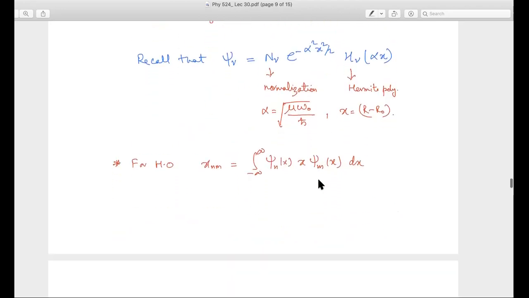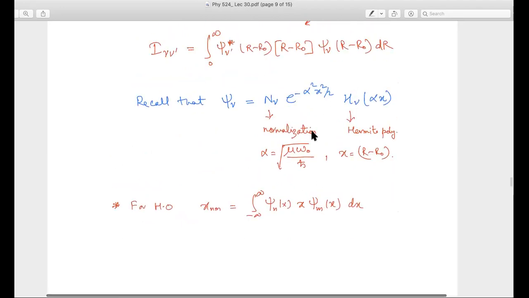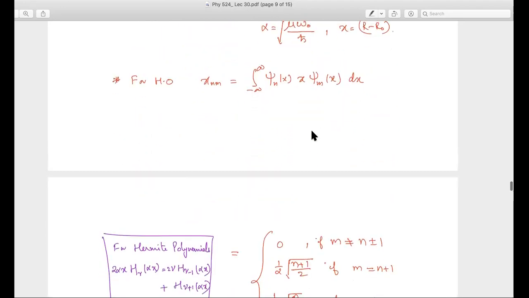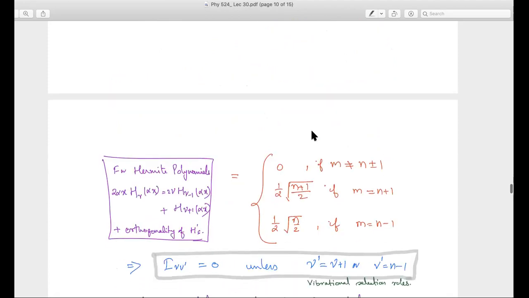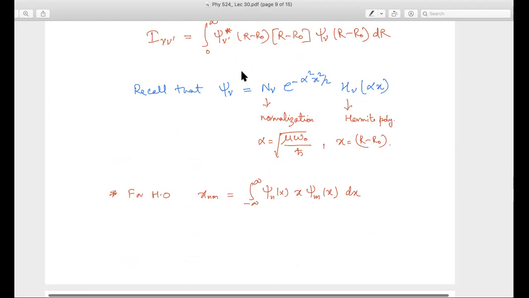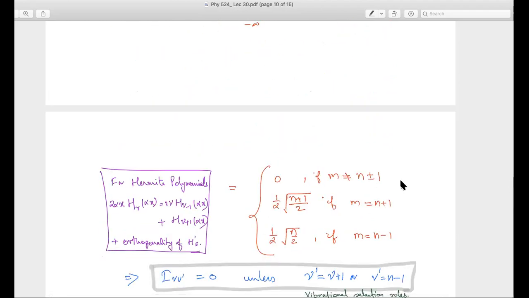If I combine two wave functions, then the two weight factors combine, so with this weight function they are orthogonal. So I use that, and then I can easily derive this relation, whatever is listed here.